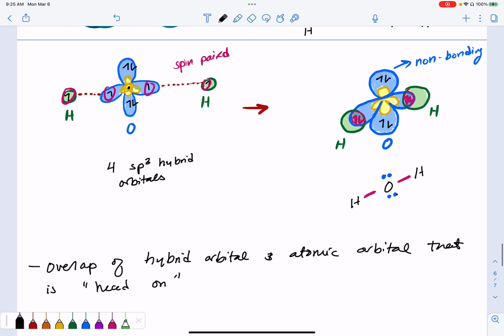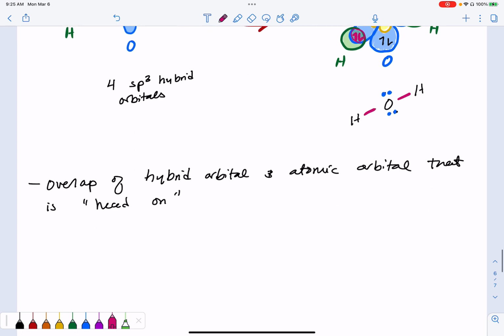So just like here, we saw that we were going to straight on collide or overlap this 1s orbital from hydrogen and this hybridized orbital from oxygen. That's a head-on collision, head-on addition.